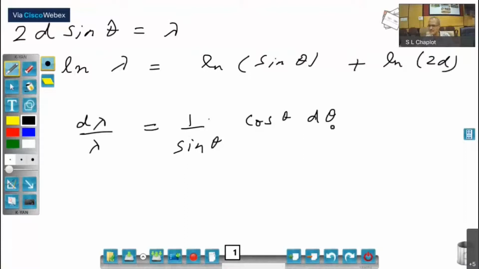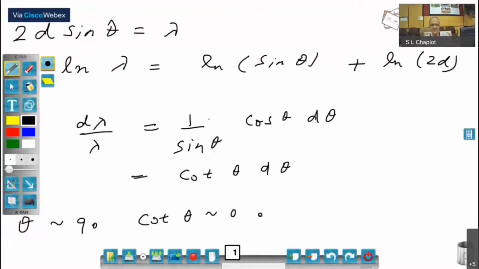So this is equal to cot theta d theta. Now you just think of it. If your theta is around 90 degrees, then cot theta becomes 0. So therefore, you can get an extremely high resolution.